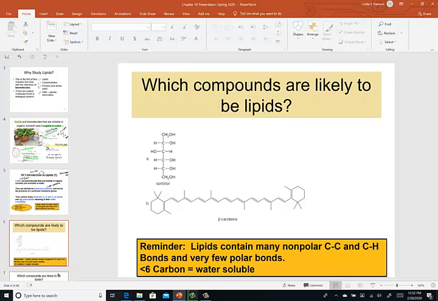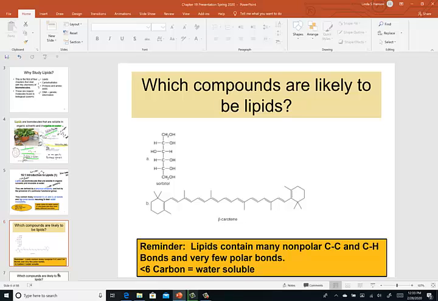So let's think about that. Which compounds are likely to be lipids? Letter A is sorbitol, and letter B is beta-carotene. Now, reminder, lipids contain lots of carbon to carbon or carbon to hydrogen bonds, very boring nonpolar regions, and they have to be water insoluble.